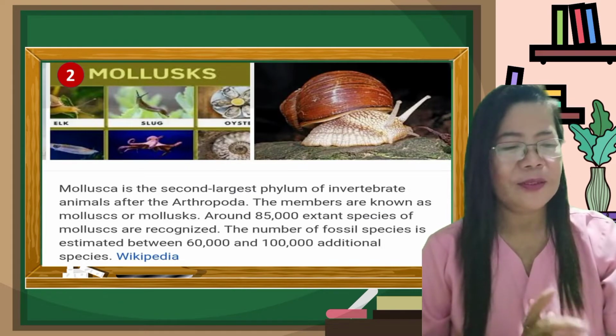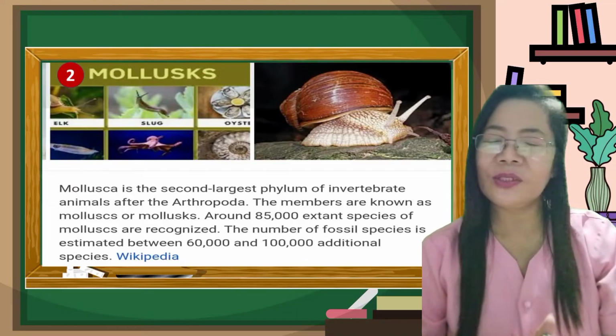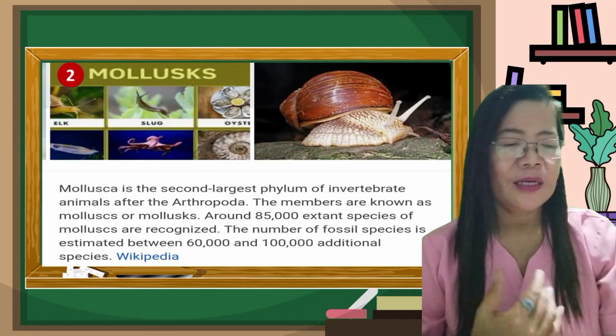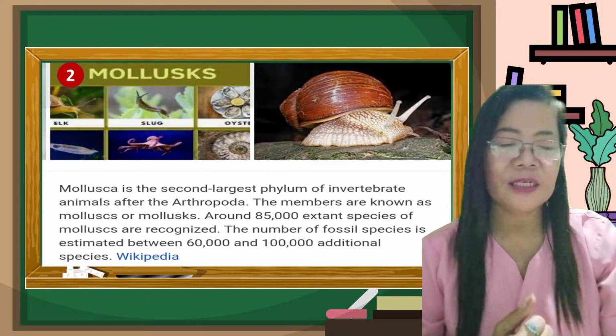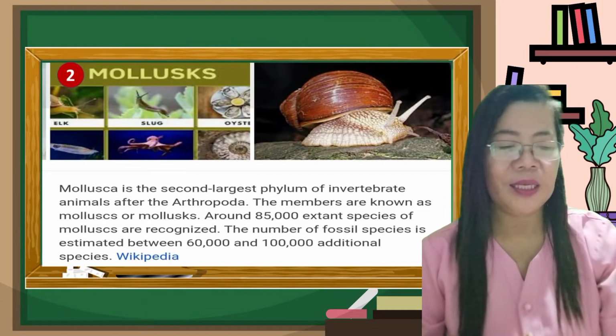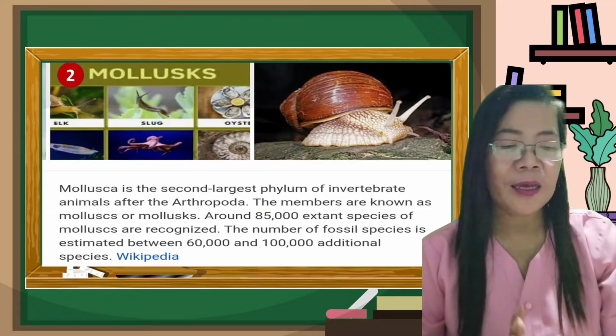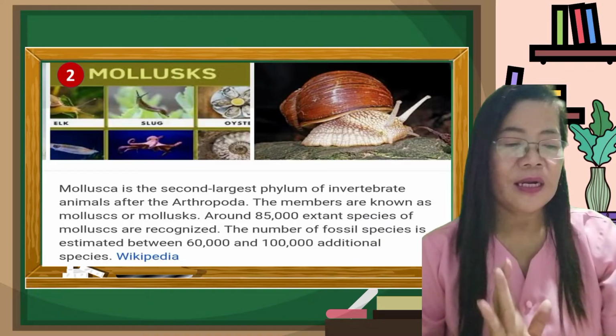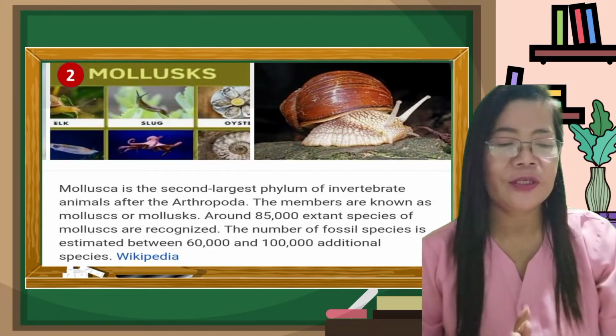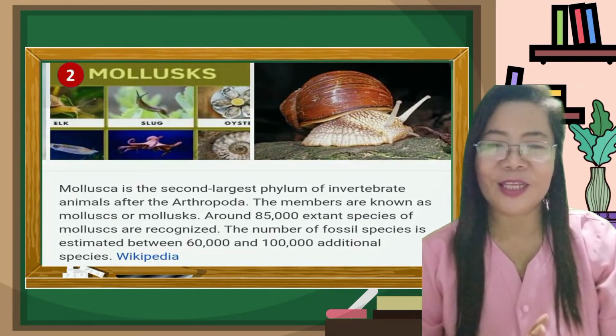Carnivorous mollusks use their radula to drill into other mollusks to feed on their internal body parts. Other mollusks such as clams are filter feeders and do not have radula.